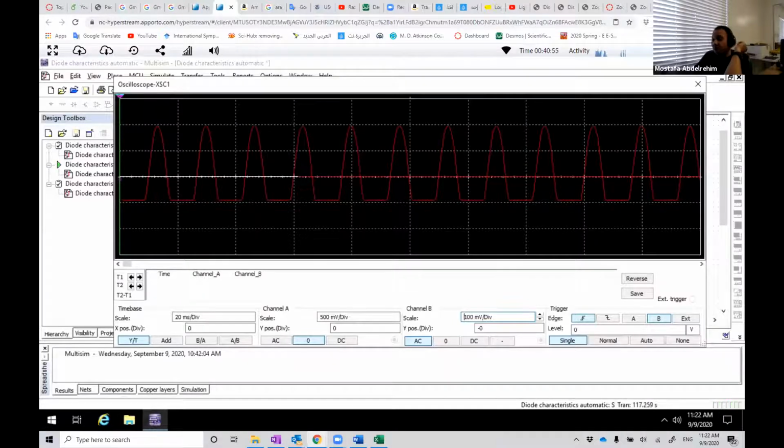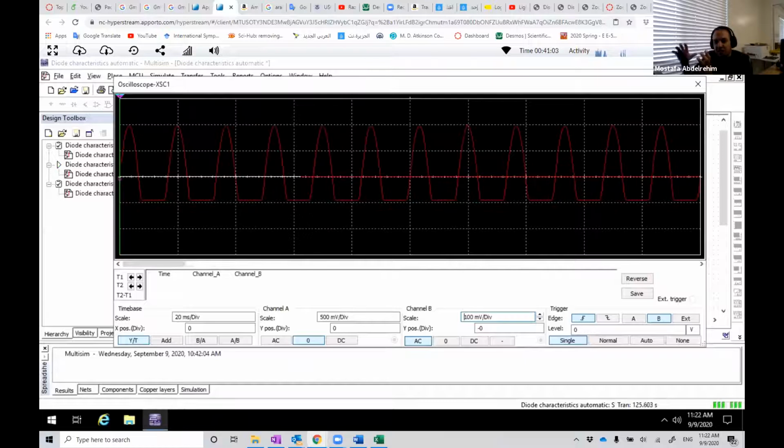And by the way, guys, don't look sad, because we will learn in a future lecture how to analyze a circuit with an AC source, diode and resistor, and get the plot of the voltage across the resistor and the voltage across the diode analytically using paper and pen. So don't be scared of this drawing.